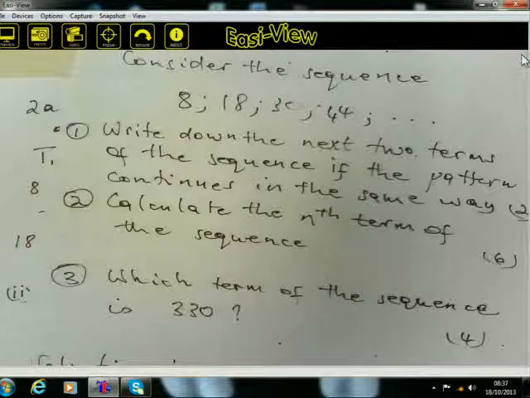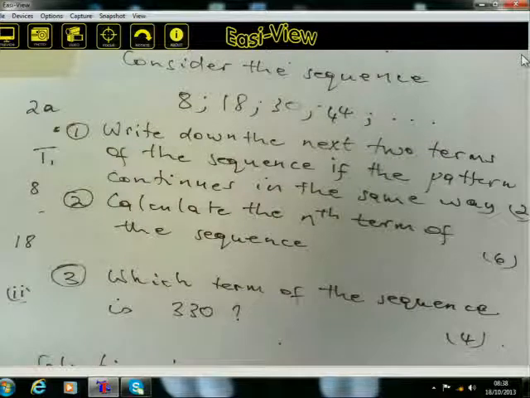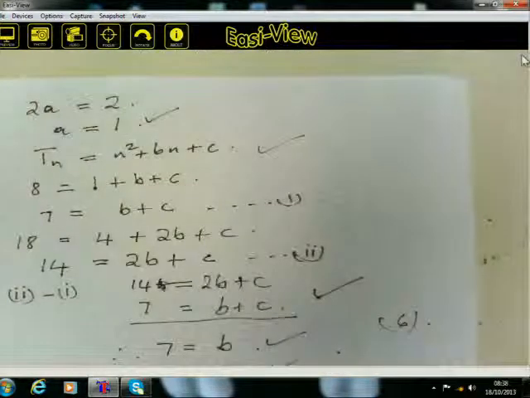Now, this one is going to be like this. It was the third one. Let's see how we go to the third one. Now, the third one is quite easy also. Let's see how we do it.